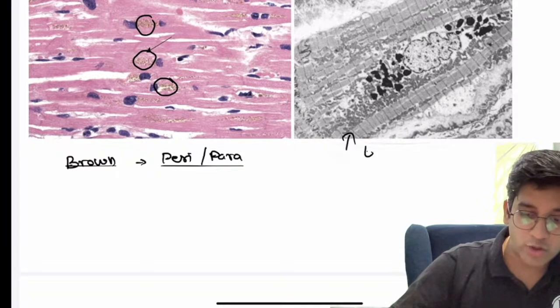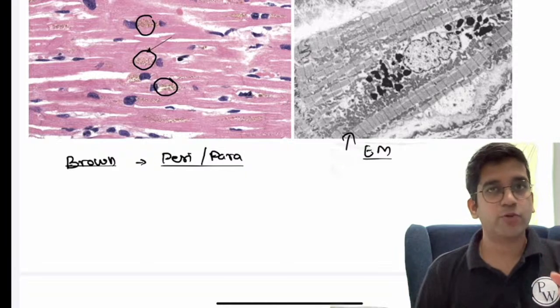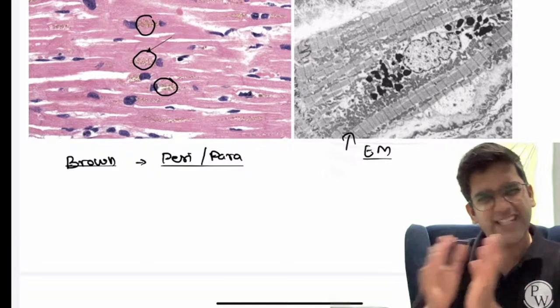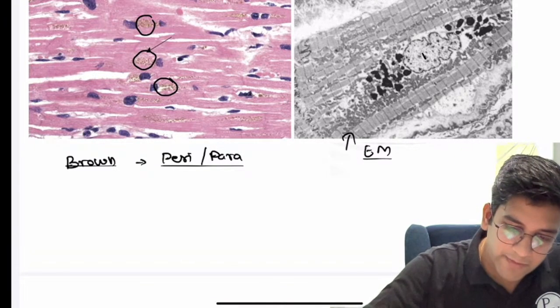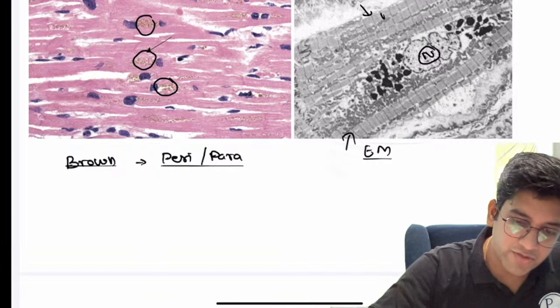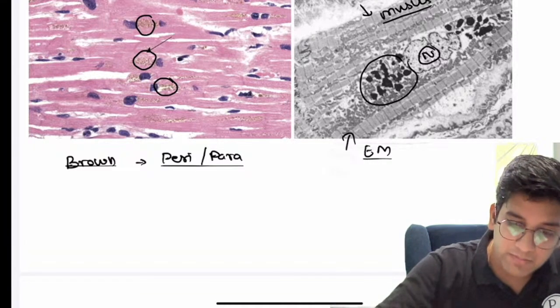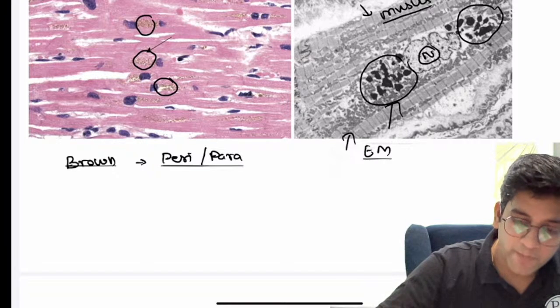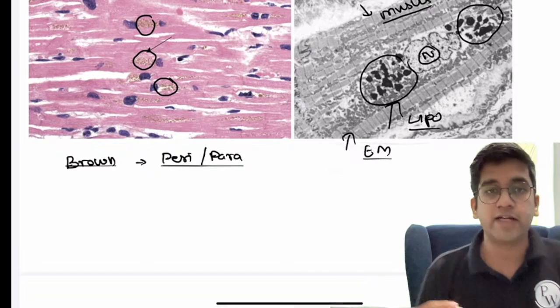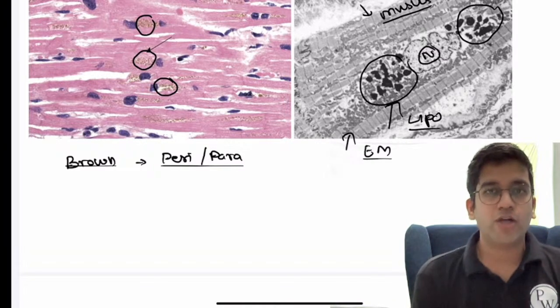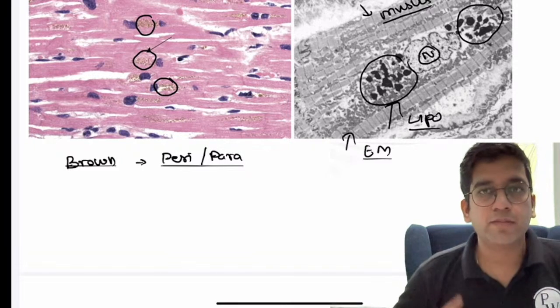This is an electron microscopic image, because previously lipofuscin has been asked in light microscopy. This is my nucleus here, and you can see the striations, the muscle fibers. I hope you can appreciate the striations, and these pigments on either side of the nucleus are lipofuscin pigment.